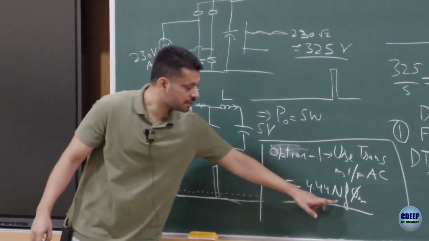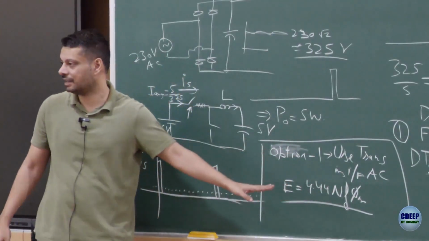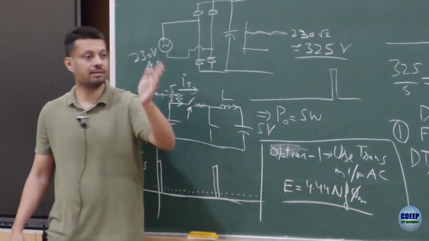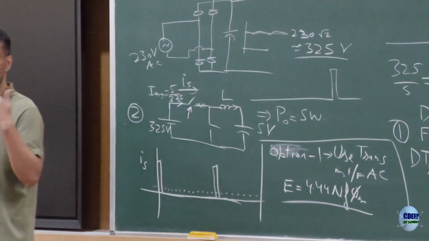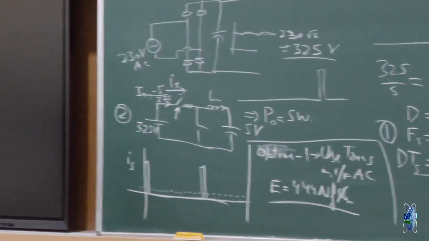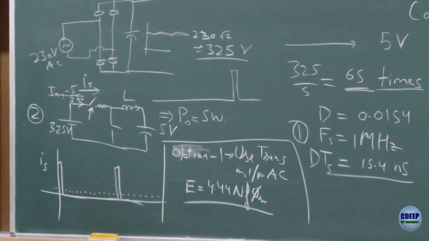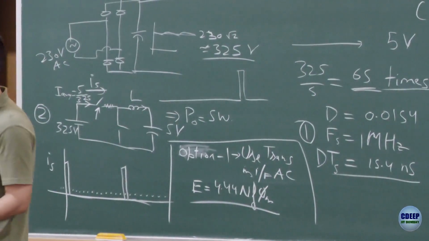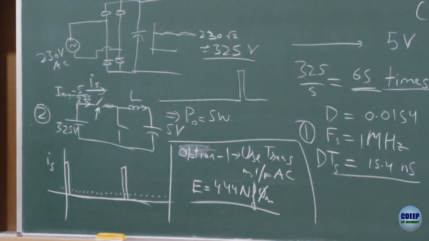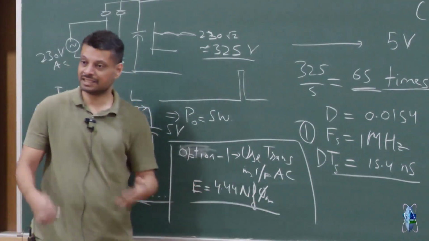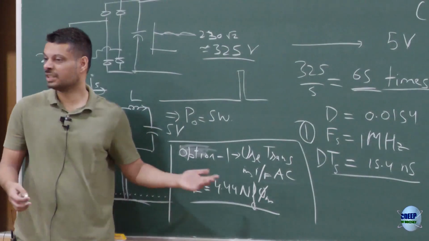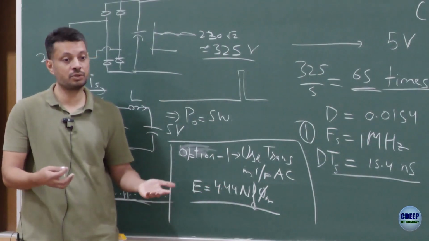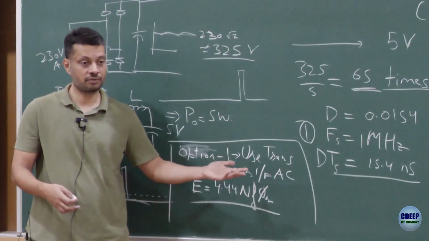So if your frequency is 50 hertz, everything else is the same, your flux is going to be X. If your frequency is 1 megahertz, your flux is going to be how much? 1 megahertz by 50 hertz, 1000 by 50 is how much? 20, right? So 20,000. That means your flux will be 20,000 times more if you use a 50 hertz transformer versus if you want to create a 1 megahertz transformer, isn't it?